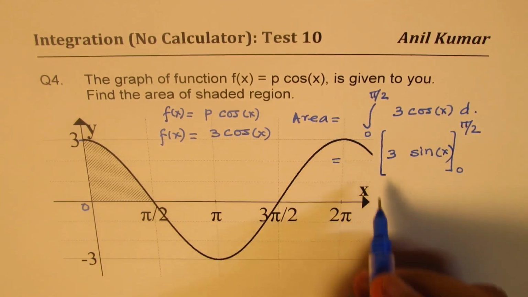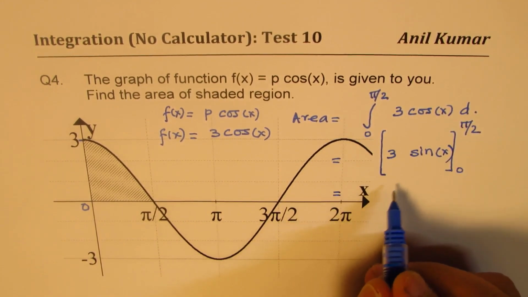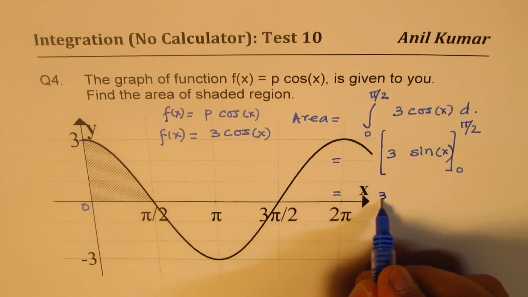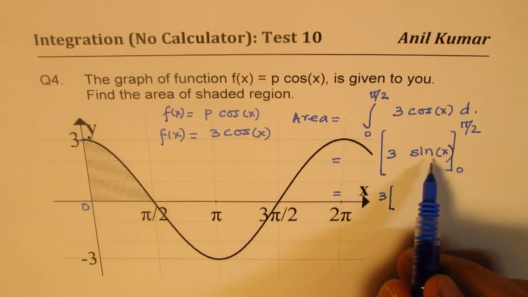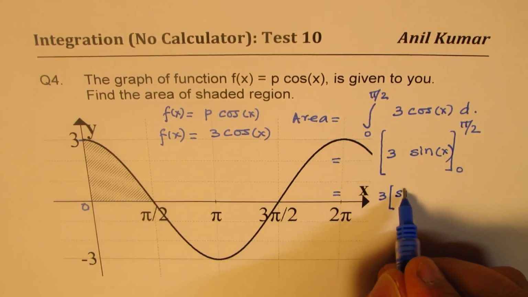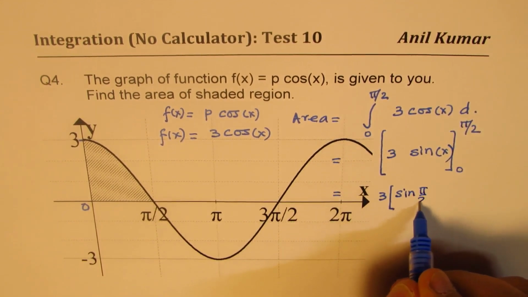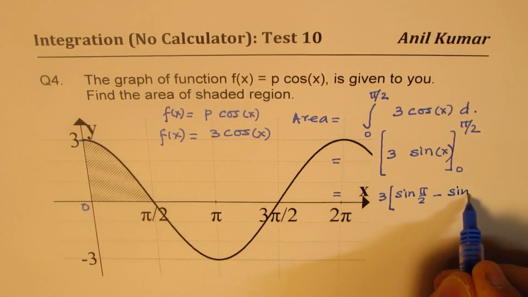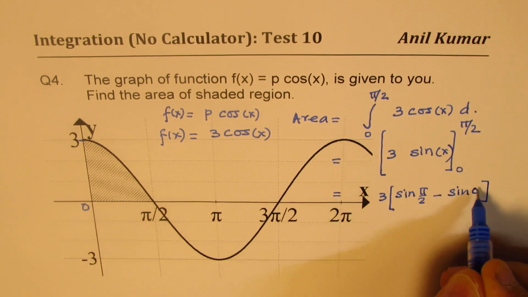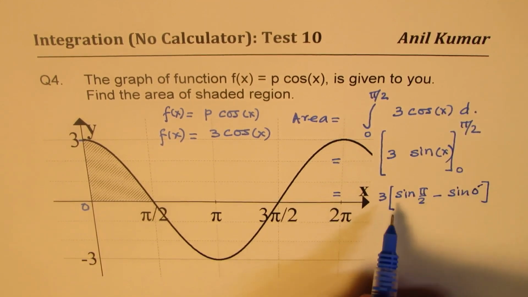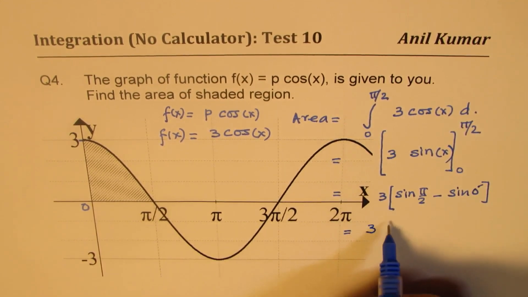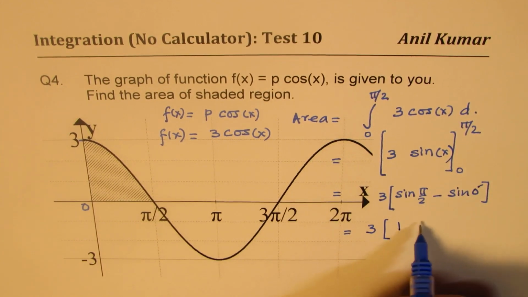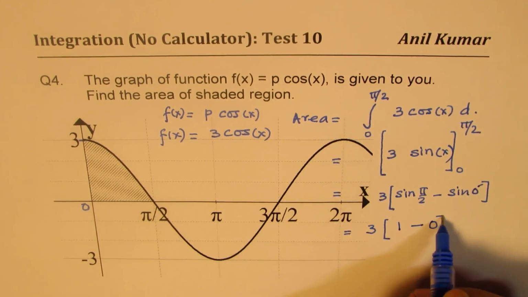So we can now calculate this value. 3 is a constant, so we can write it outside, and sine of pi by 2 minus sine of 0, in radians. Now this is equal to 3. Sine of pi by 2 is 1 and sine of 0 is 0.